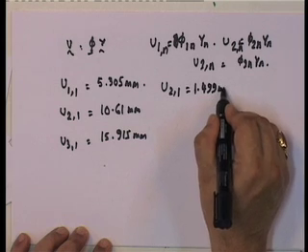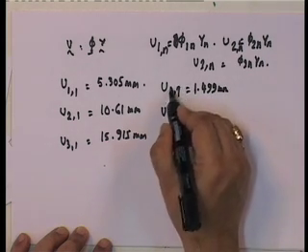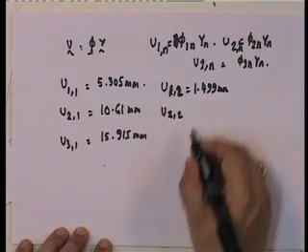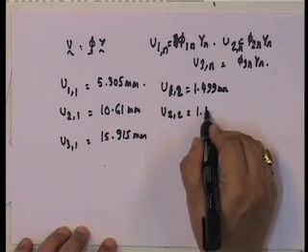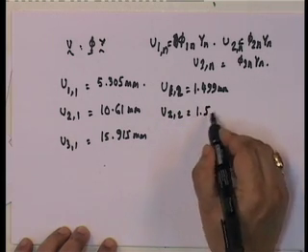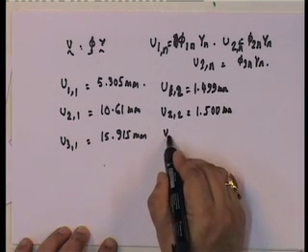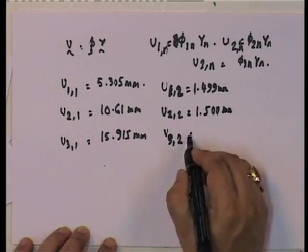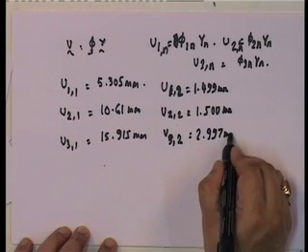Okay? So, phi 21 is equal to 1.499 millimeter, phi 22, sorry, this is phi 12. In the second mode, first displacement 1.499, the second 1.5, V32 is equal to 2.997.